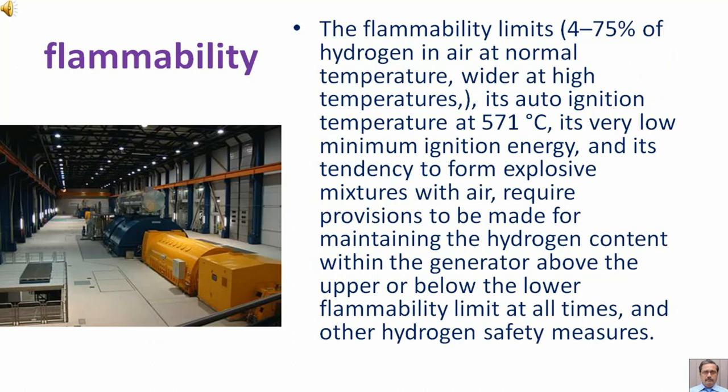Its auto ignition temperature of 571 degrees centigrade, its very low minimum ignition energy, and its tendency to form explosive mixtures with air require provisions to be made for maintaining the hydrogen content within the generator above the upper or below the lower flammability limit at all times, and other hydrogen safety measures.